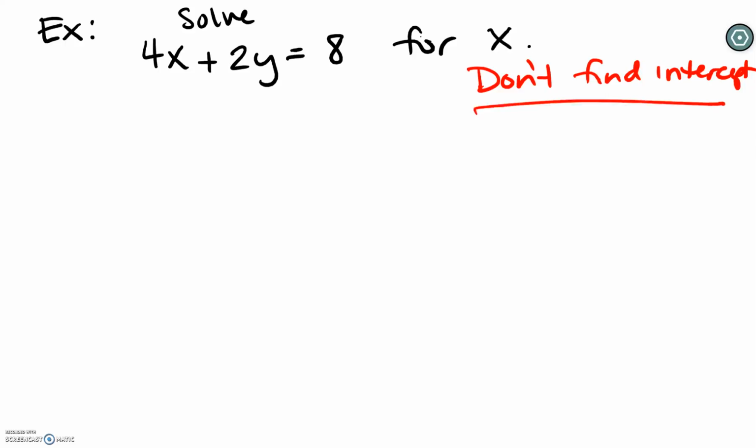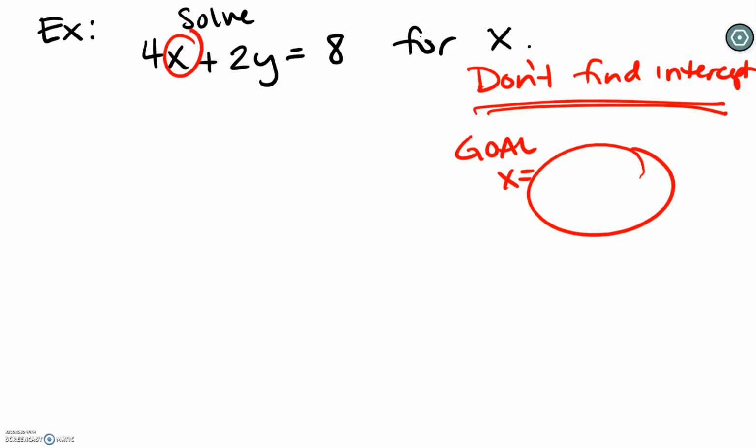That's finding an intercept. We don't want to do that. We are trying to just get x alone. Remember, in these formula questions, we're trying to just make a new formula. The goal is to just get x is equal to, and then have a whole new giant ugly formula on the other side. So we'll still have y's in our answer.